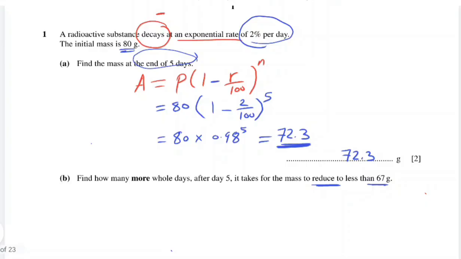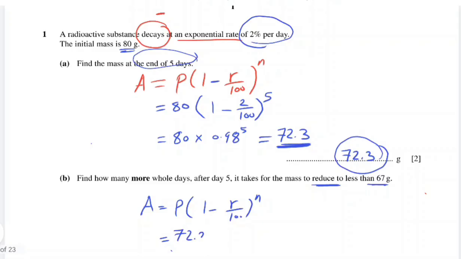So it's decreasing. We will write the same formula, but this time take care which one will be the principal, the initial value. Our initial value now is 72.3. 1 minus the rate is still the same, 2 over 100, and we need to find n.